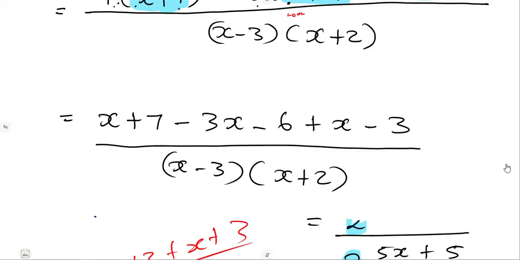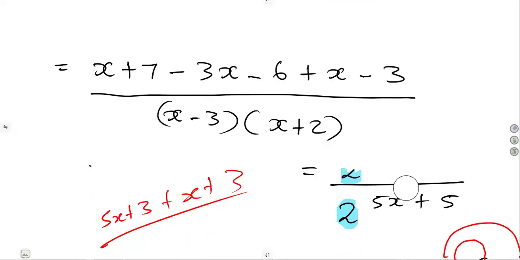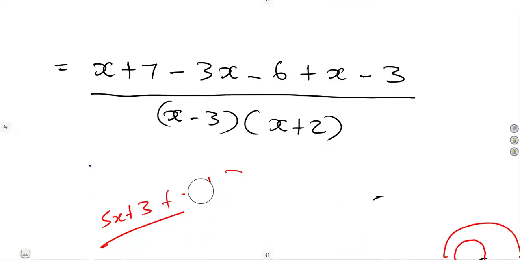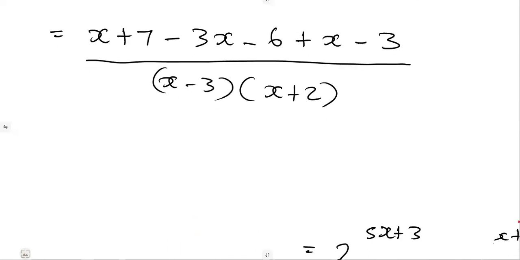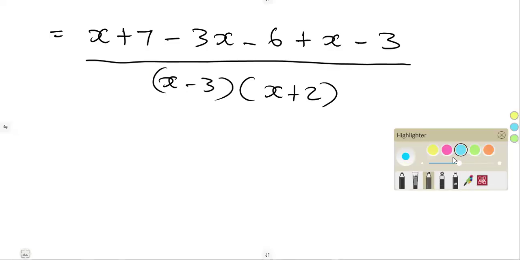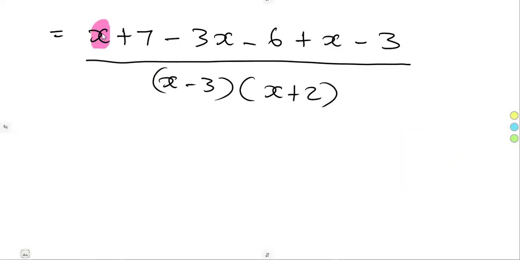We look for the like terms, just like the previous case I talked about, guys. We're going to need the like terms. So which part are we going to consider? Let us consider the part of x, where we have got our x. This is 1x minus 3x plus x.